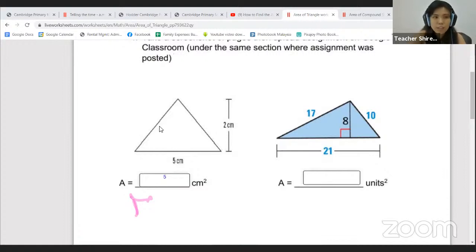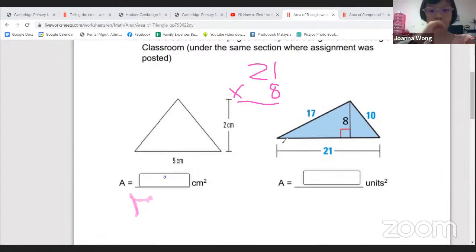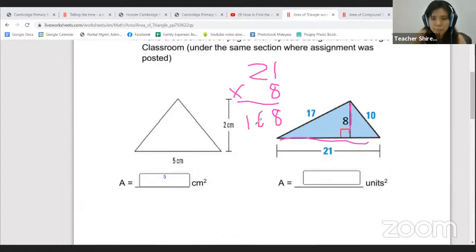The height is 8. So 21 by 8. Okay, let's do it together. 21 by 8. So that's a base times height. So 8 ones are 8, 8 twos are 16. Okay, but this is a triangle, it's not a square.